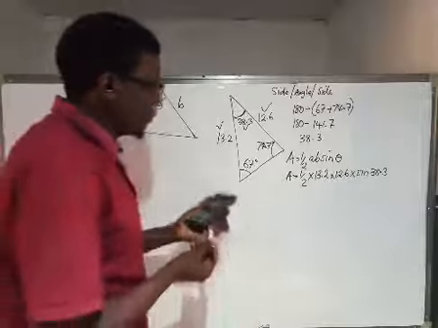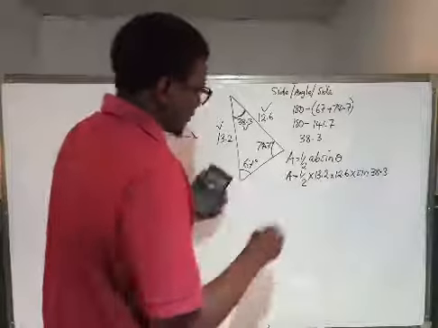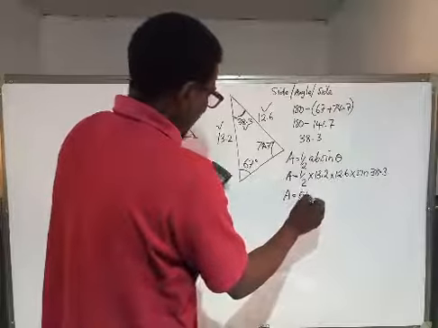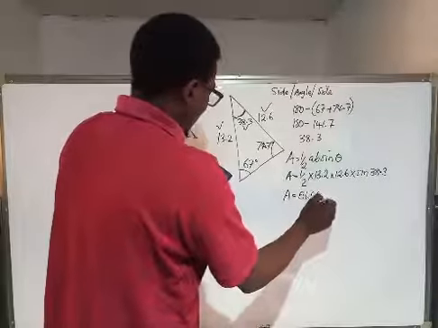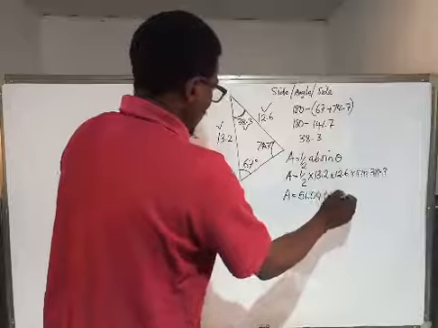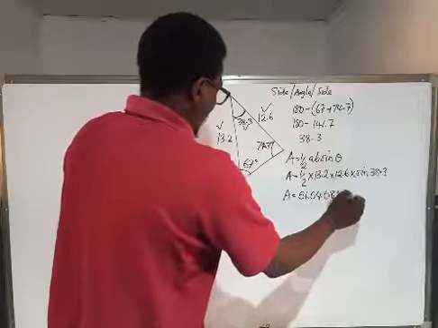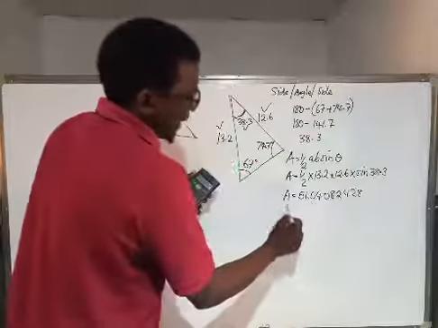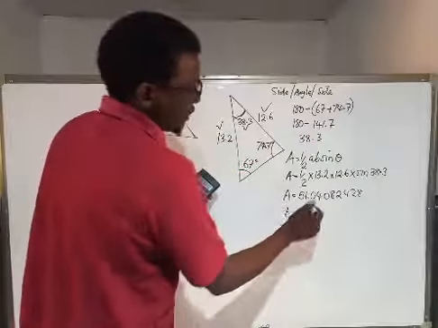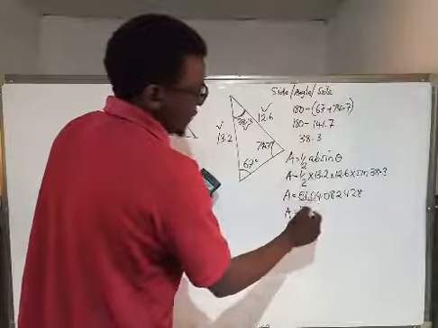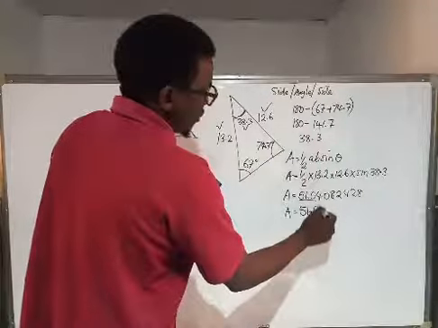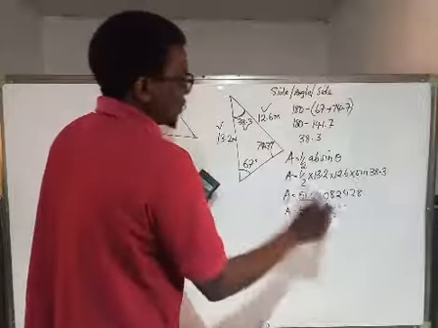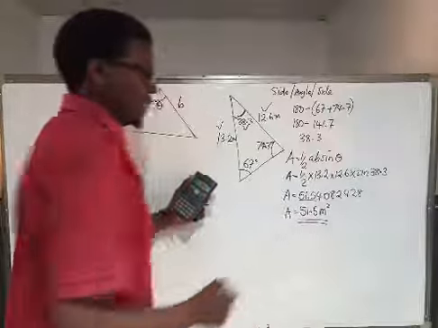My answer will be 51.5408248. So our area, correct to three significant figures, will be 51.5 square meters. Depending on the units, if you have meters here, then it's going to be square meters.